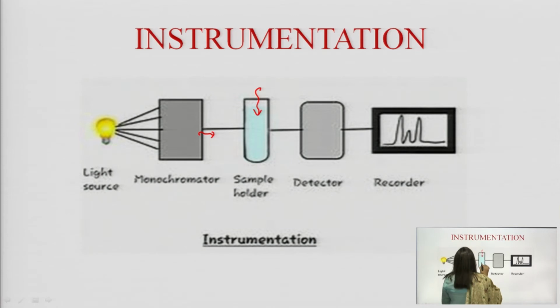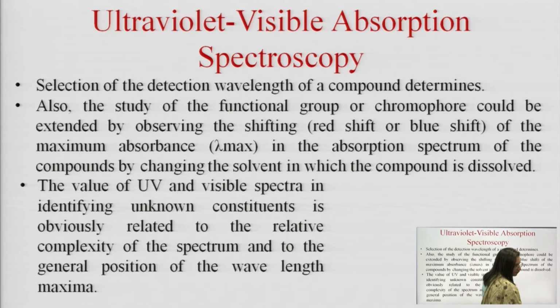Once the light is passed through this, absorption takes place and the transition of the electrons takes place, and the emitted light is then detected using the detector, and all the transitions are recorded in UV.